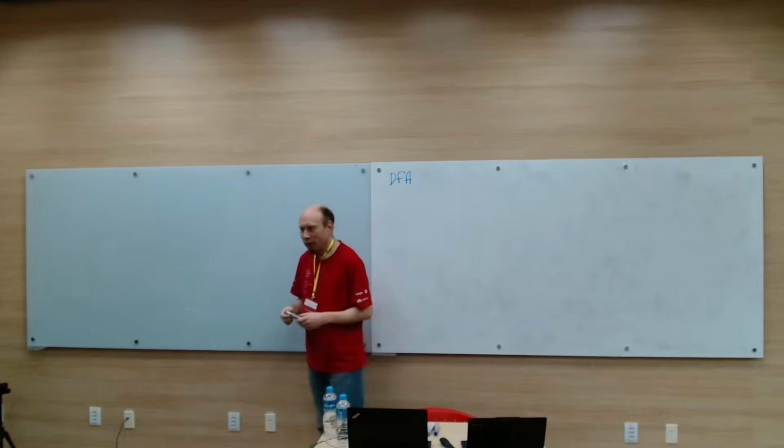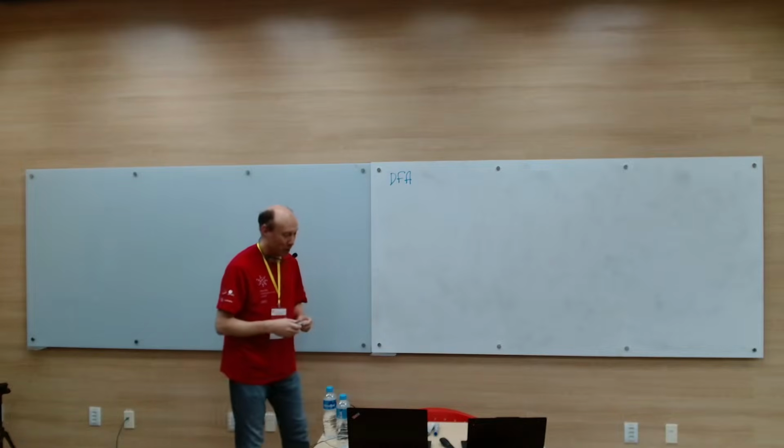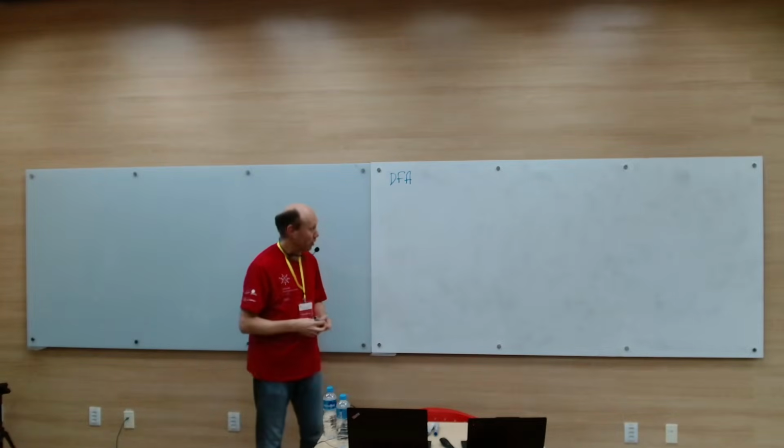Who is in their first year of study at the university? Are there any? Okay, there are some people. Second year? Third year? Fourth or more? Okay, so most of you are in later years of study, so you should know many things.